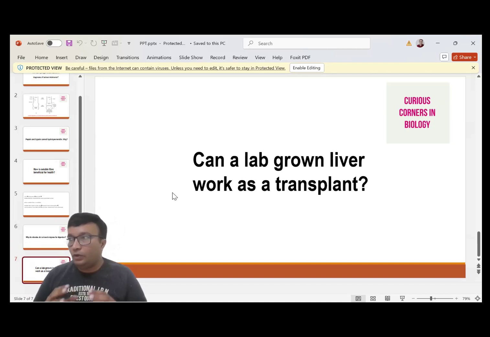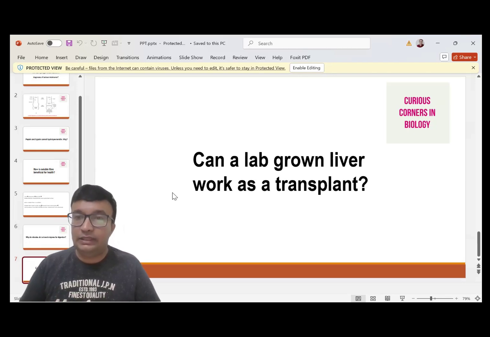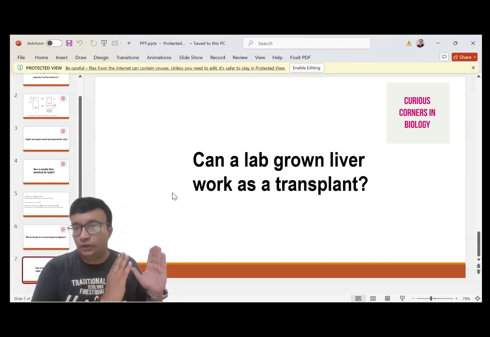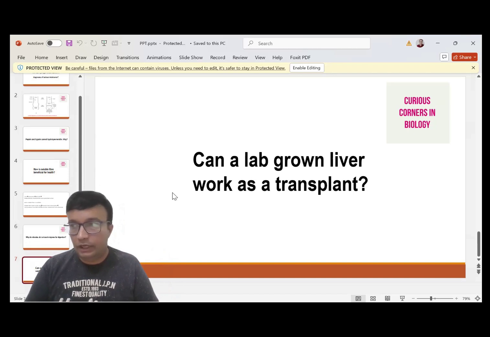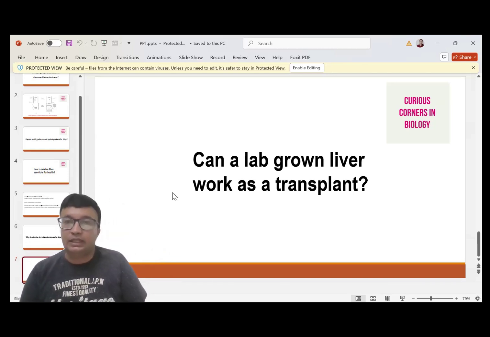Because a full blown, fully differentiated liver to its maximum size can only develop during the natural course of human development, because it needs in vivo condition, human body condition, to achieve its full size and full differentiation.